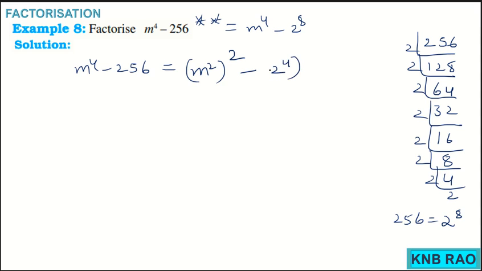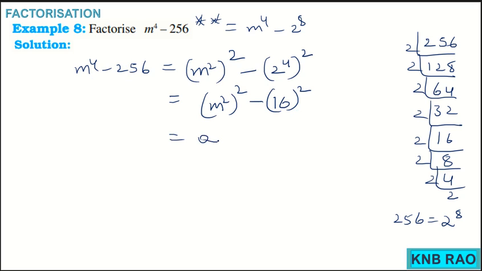So m power 4 minus 2 power 8 can be written as 2 power 4 whole square, or I can say 256 is the square of 16. So we wrote m square whole square instead of m to the power 4. Instead of 256, I have written 16 square.